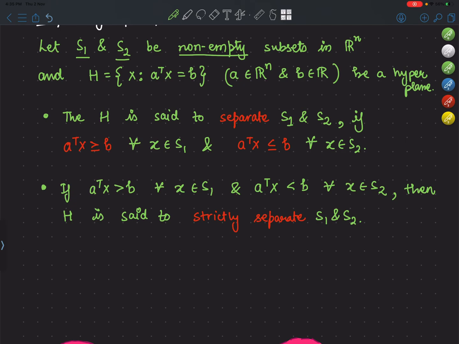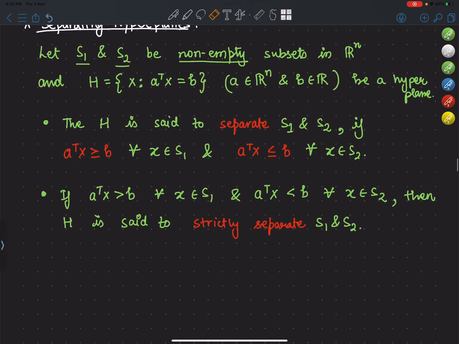So as you can see, this equality sign has been removed, correct? So that's what makes it strictly separating S1 and S2. Now there is something called strongly separating also. So what does that mean?